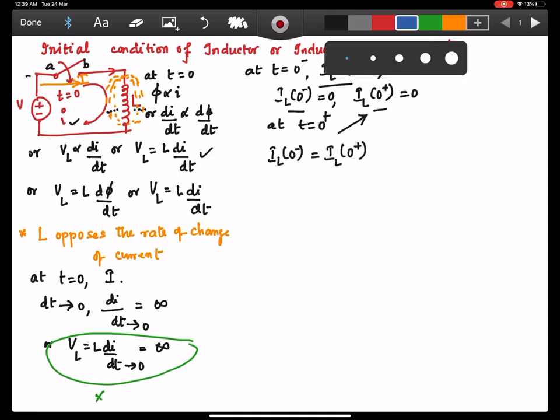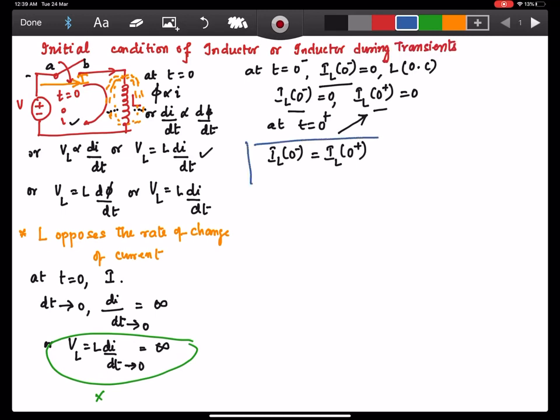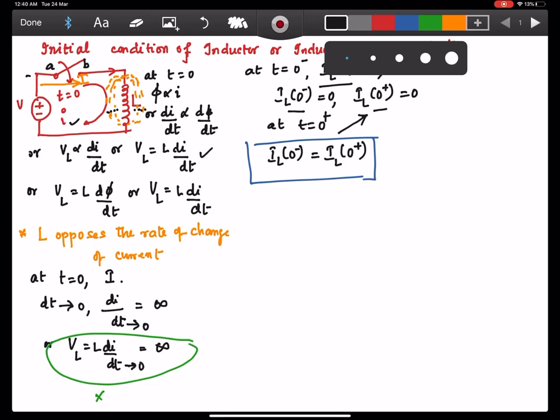This is a very strong logic for the inductor. So we identified that in this condition your inductor will operate as an open circuit, because at t is equal to 0 minus and t is equal to 0 plus, the current across the inductor is 0.